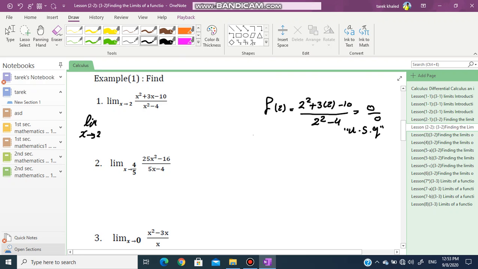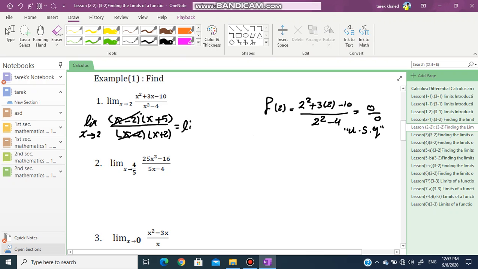So limit x tends to 2, x^2 + 3x - 10 will be (x - 2)(x + 5). x^2 - 4, the difference between two squares, will be (x - 2)(x + 2). The zero factor is x - 2, so I will cancel it from both numerator and denominator.